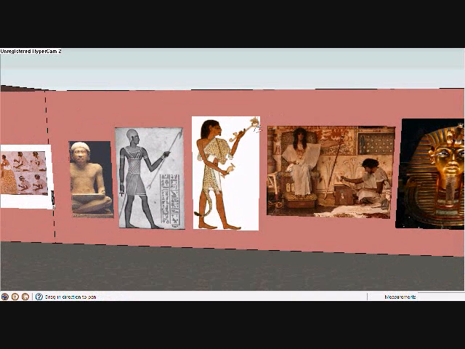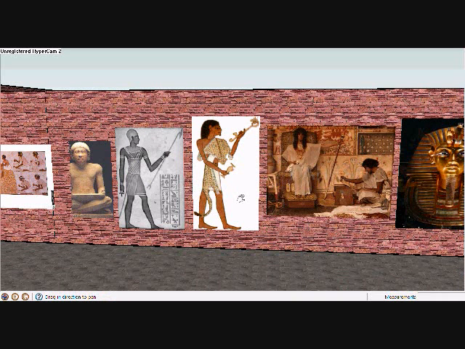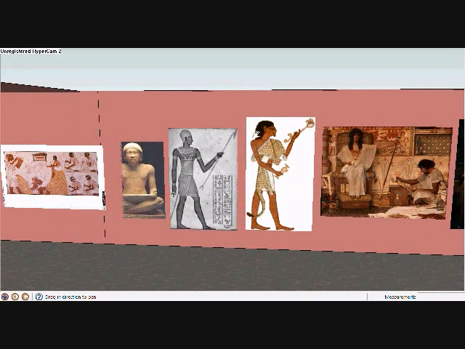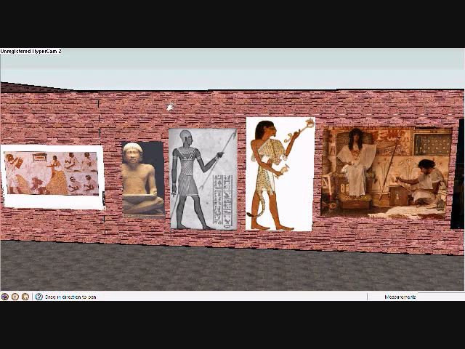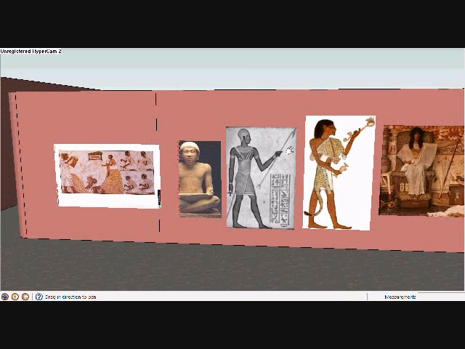Right here is the priests, and they were third in the Social Egypt classes, and basically they would influence the people of Egypt into believing in different gods and stories that they would tell them in their temples.